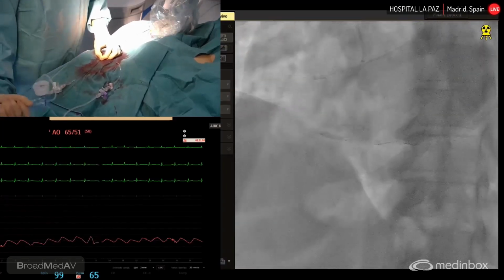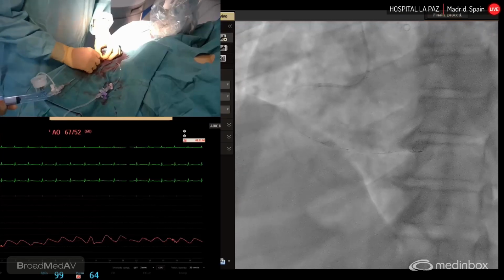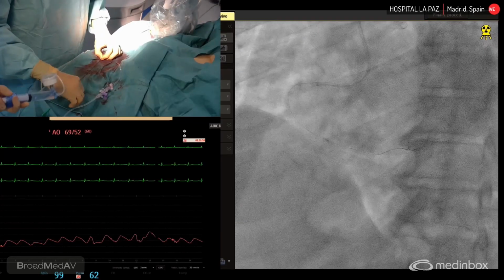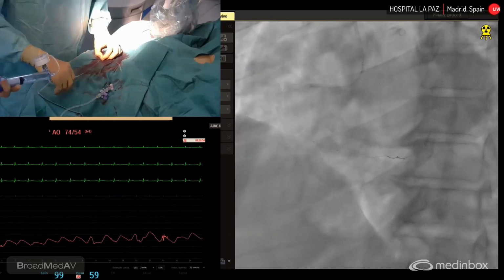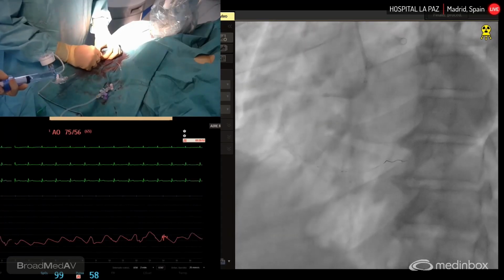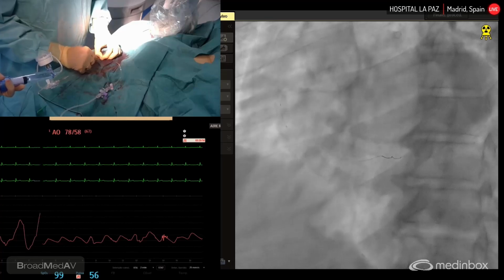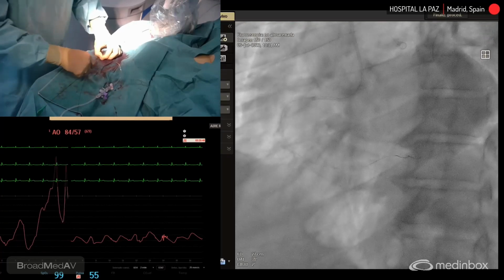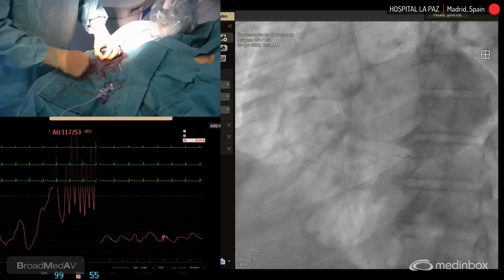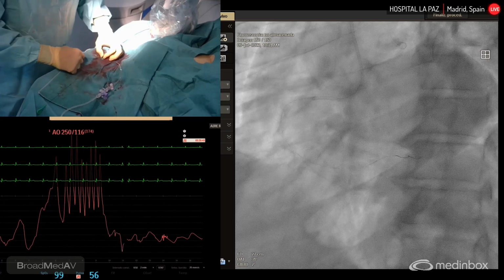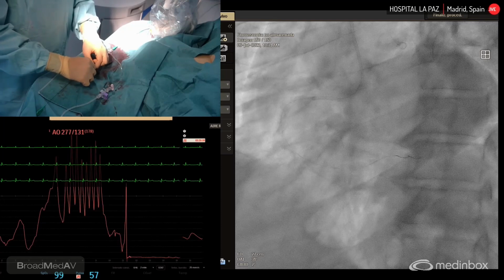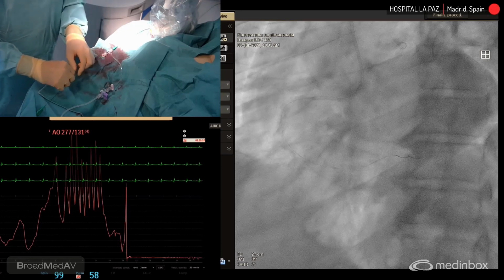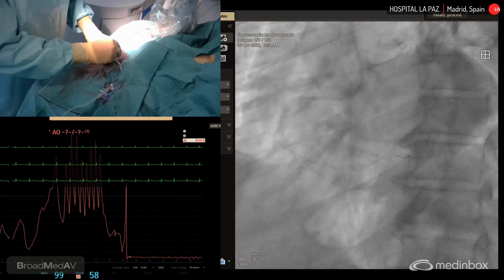Looks good. Desinflamos. Eso queremos, Francisco.